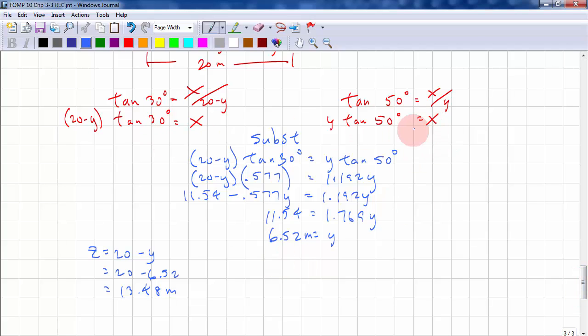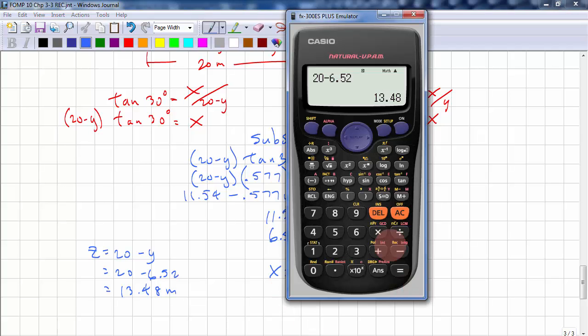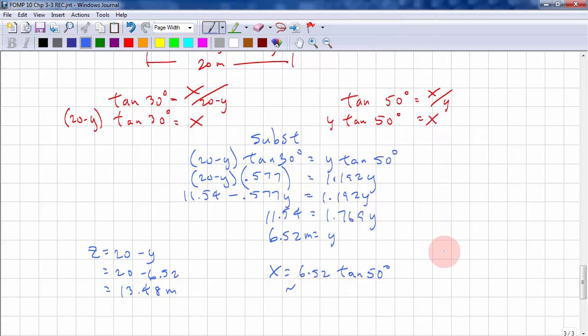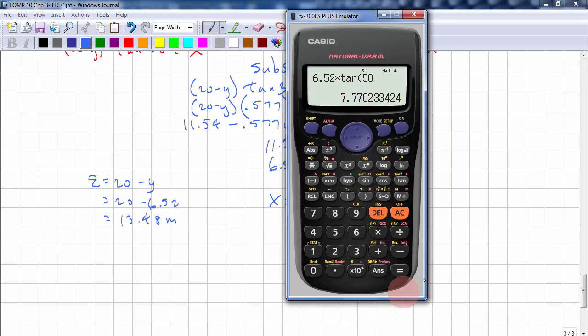We can use either one. I'd use the shorter one. X equals 6.52 tan 50. And that's approximately 7.77.